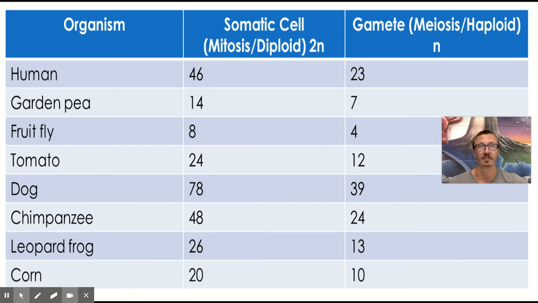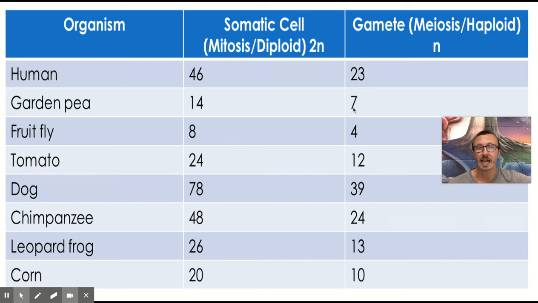Well, there'd be 7, because when a garden pea produces a flower, it's going to produce both female and male gametic cells like sperm and egg. And inside of the eggs and inside of the sperm, because they're gametes or gametic cells, they're only going to have 1 of each type of chromosome. So a sperm cell or an egg cell in a garden pea would only have 7.